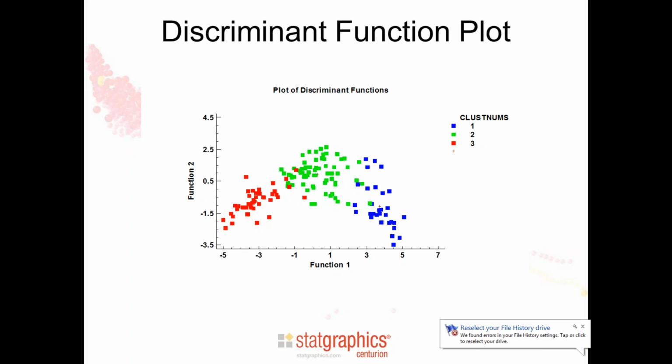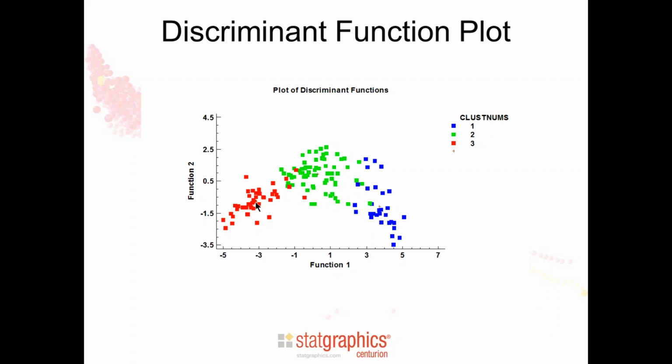There was a question, would you repeat the explanation of a centroid? Well, in any particular plot, and this, for example, is the plot of the discriminant functions, it could be a plot of the variables, you see 3 groups of points, and you see a little plus sign at what I said was the centroid. The centroid is located at the mean value of x and the mean value of y for the blue points. This centroid is the mean value of x and the mean value of y for the green points.